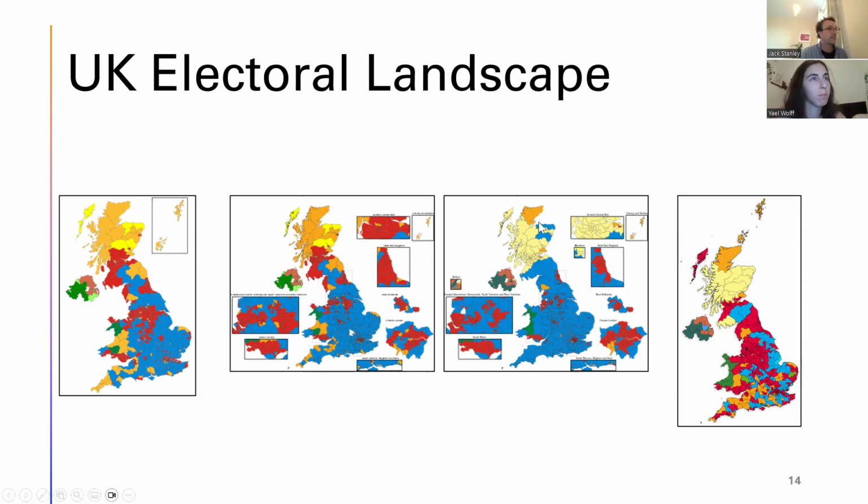One notable thing, if you were listening to Bethany's podcast on Scotland yesterday evening, is the big bump in the very light yellow for the SNP, which is expected to shrink a bit over the next week. And this on the right-hand side is the current polling expectations for Thursday night when our election comes to a close.